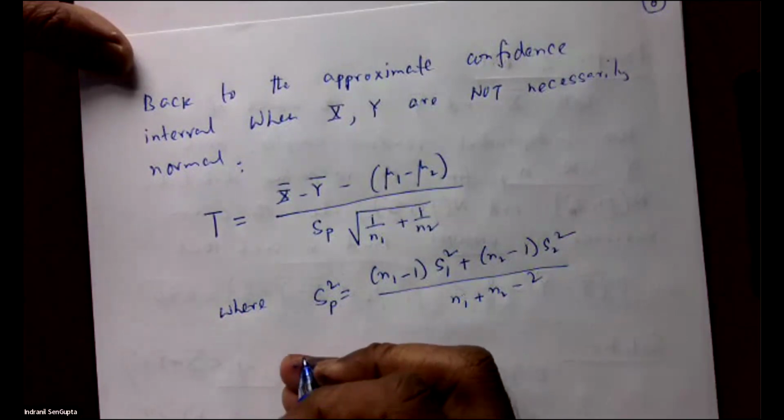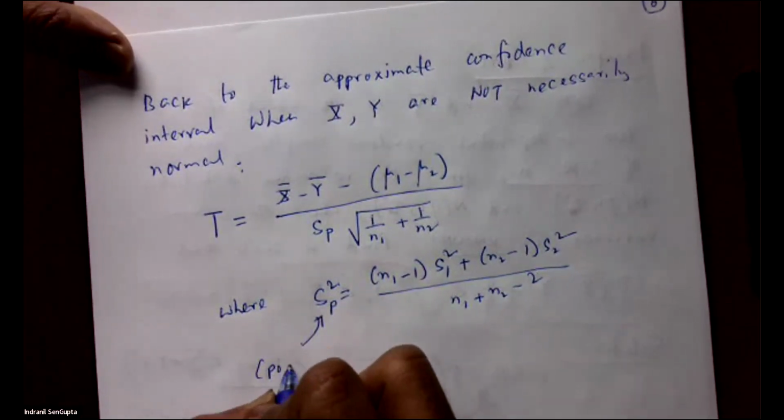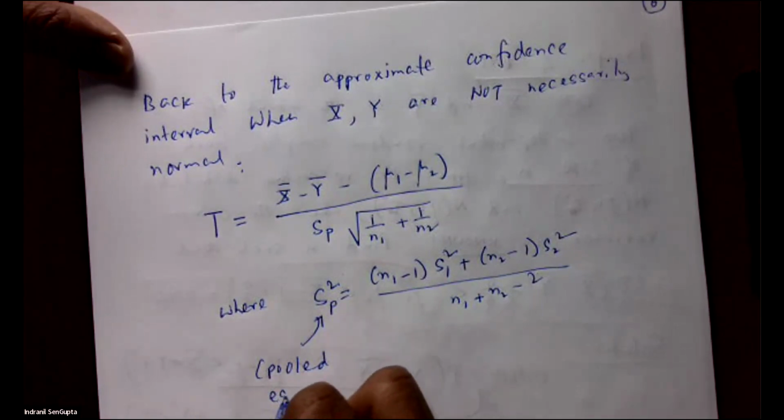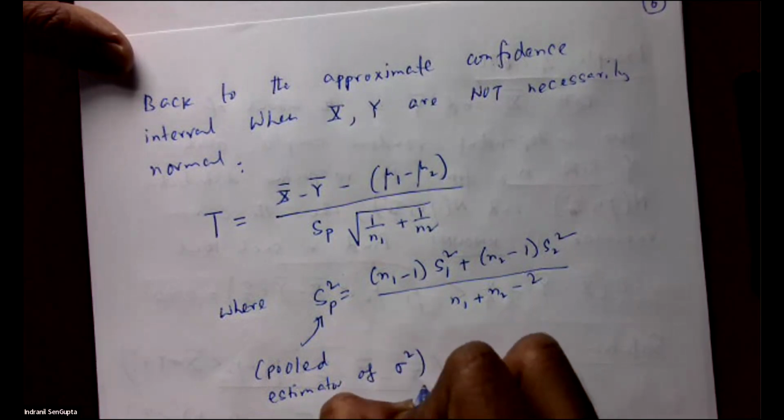It has a name. It's called the pooled estimator of sigma squared.